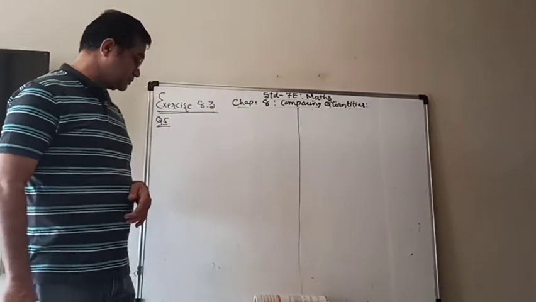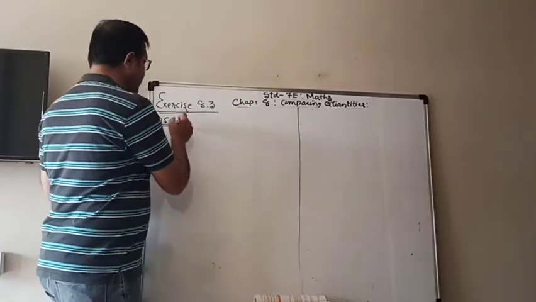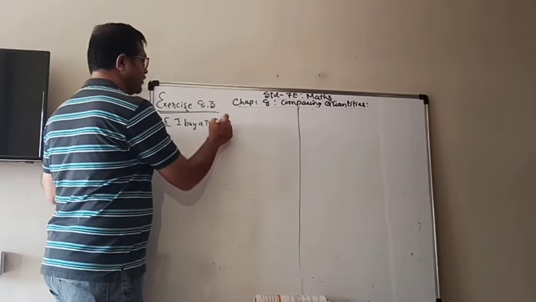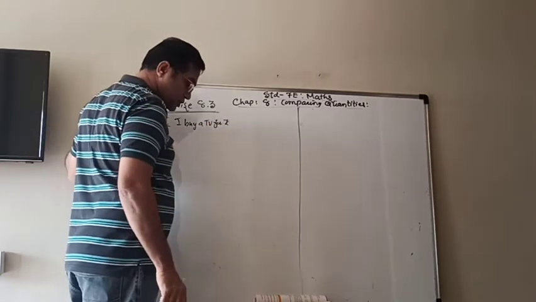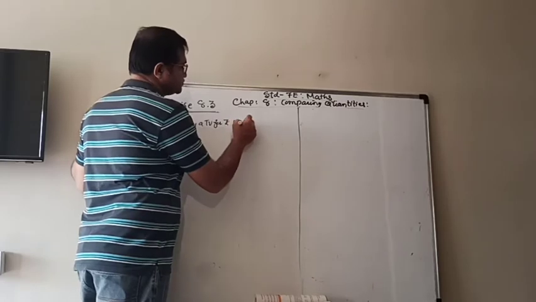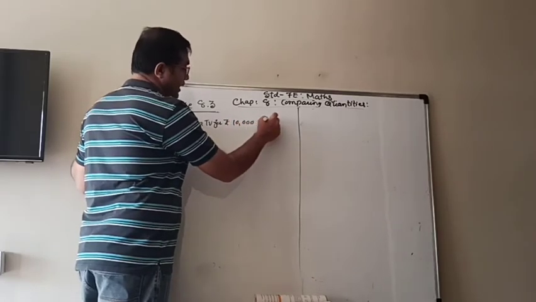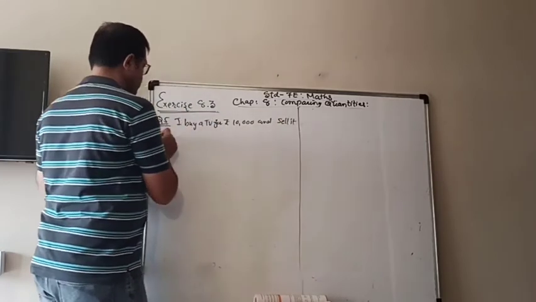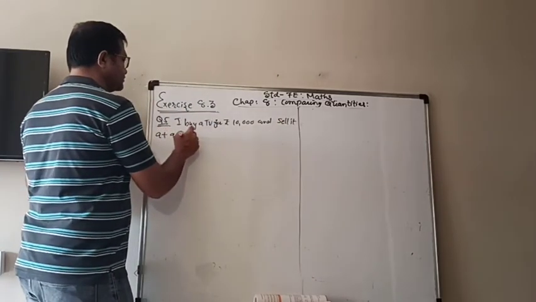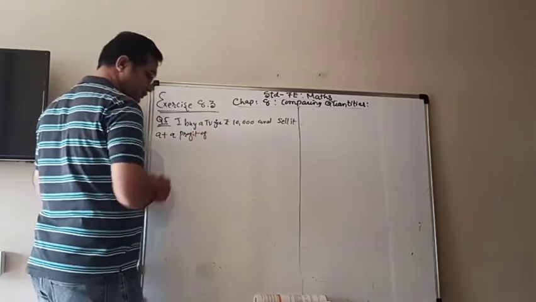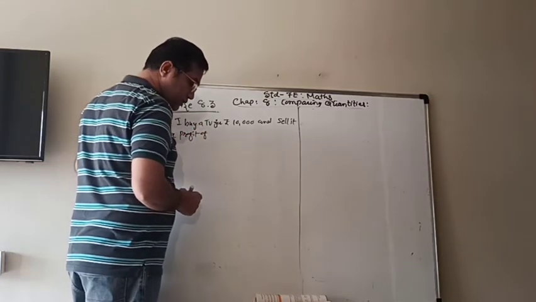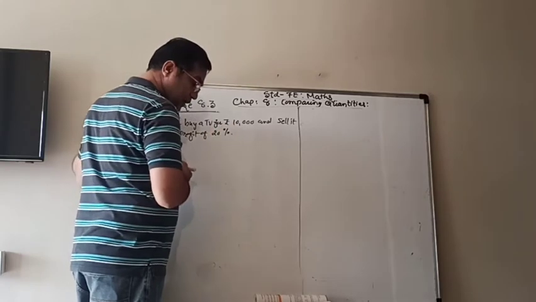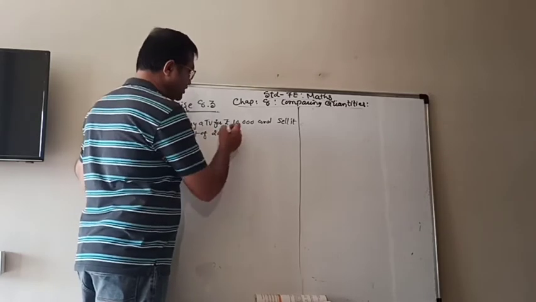Now the 5th question. I buy a TV for rupees 10,000 and sell it at a profit of 20%. How much money do I get for it?